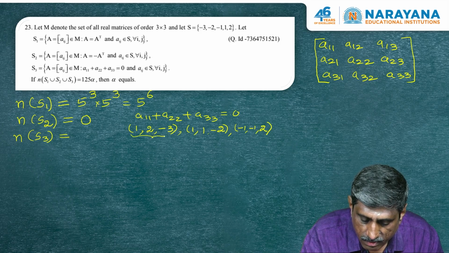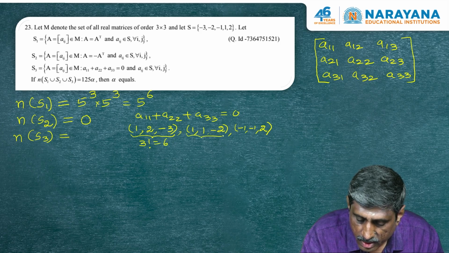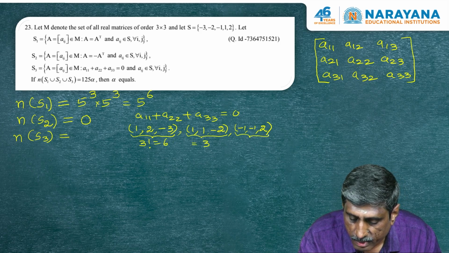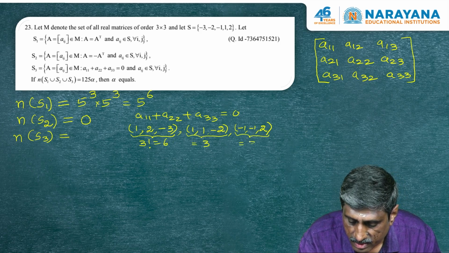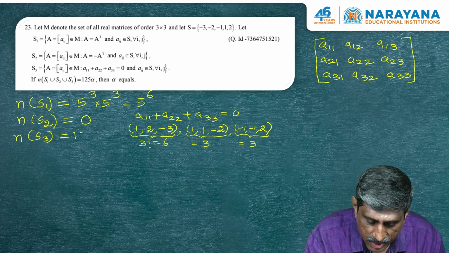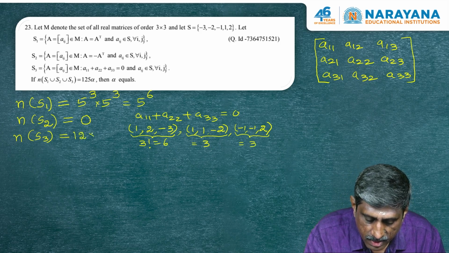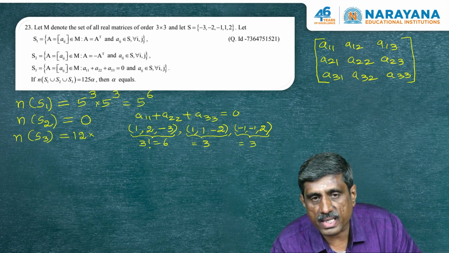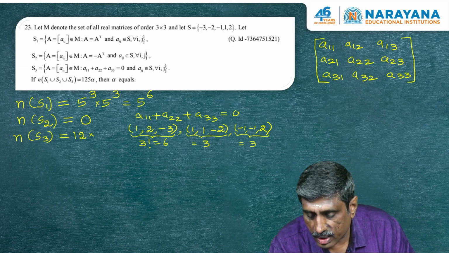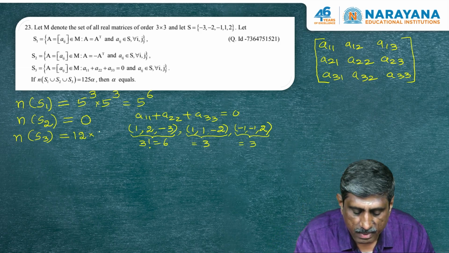Here we have 3 factorial possibilities, which is 6. Here we have 3 factorial by 2 factorial possibilities, which is 3. And here also 3 factorial by 2 factorial, which is 3. Therefore, we have 6 plus 3 plus 3, 12 possibilities to get the trace equal to 0, and the remaining 6 elements can be anything.